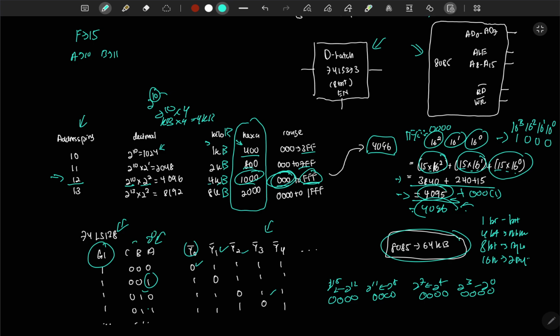Imagine this is 2 power of 0, 2 power of 1, 2 power of 2. 2 power of 0 times 1 is equivalent to 1, 2 power of 1 times 1 is equivalent to 2, and both is equivalent to 3. So you convert binary to decimal and you get the answer on how to decode it.